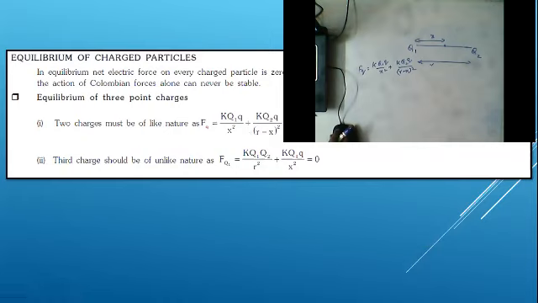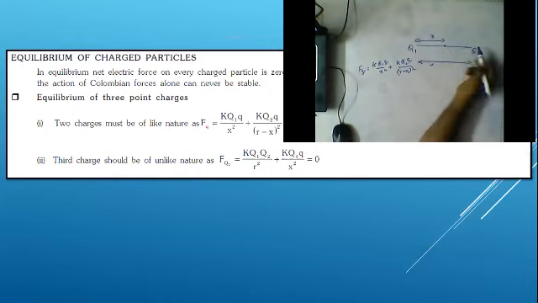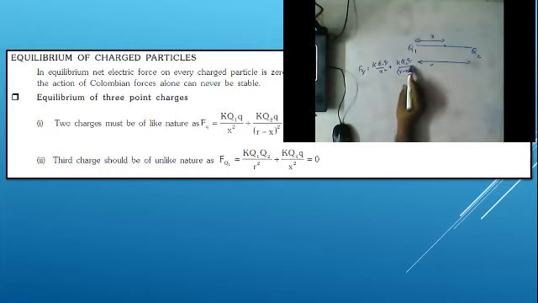Okay, but the point is the net force is zero. We consider with respect to this point. If both sides are experiencing a like nature, I mean here also it is attractive, here also attractive, then we need to apply the formula Fq is equal to k q1 q by x square plus k q2 q by (r minus x) square.